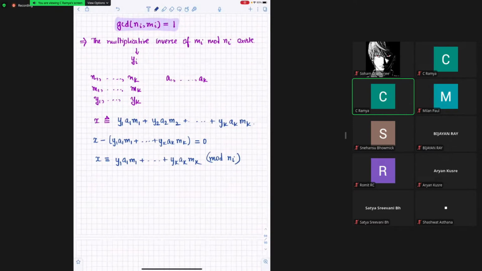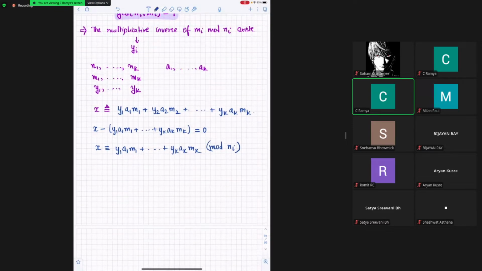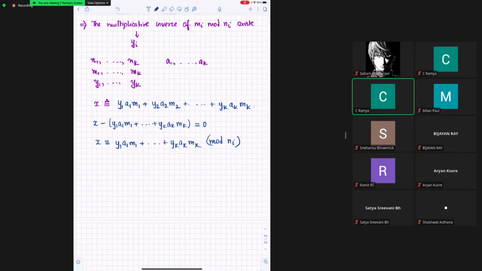If I look at yj, aj, mj and I go modulo ni, I should get 0. So let's just look at mj, where j is not equal to i. This I know is my n1 to nk divided by nj. So it's this product that does not contain nj alone. So that is what I'm writing like this, n1 to nk divided by nj. So this definitely contains ni times some other integer p. So p is exactly this, where ni alone is here.